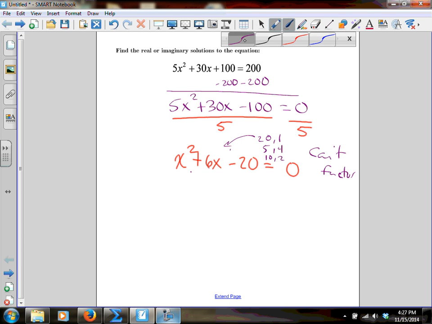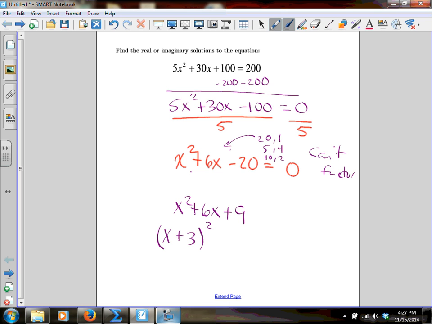We've done a lot of completing the square, so we know that if we were going to do that, we would eventually want to make it look like this: x plus 3 quantity squared. Now I know that x plus 3 quantity squared is the same thing as x squared plus 6x plus 9.